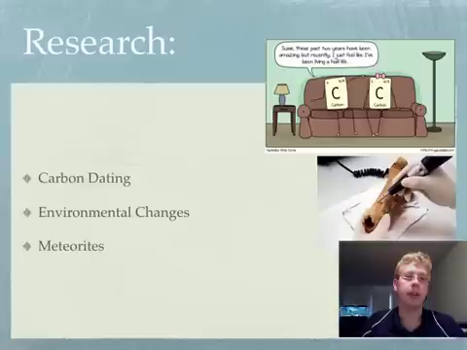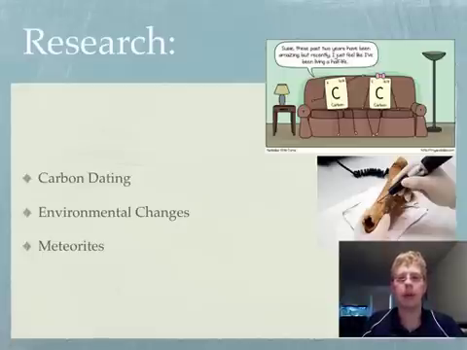In research, we often use isotopes for tagging certain things and trying to date how old something is. Two of the most common forms of dating or determining age are carbon dating and using oxygen isotopes to determine what conditions were like in previous centuries or even millennia.